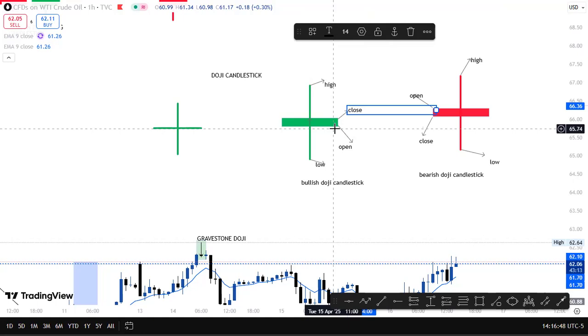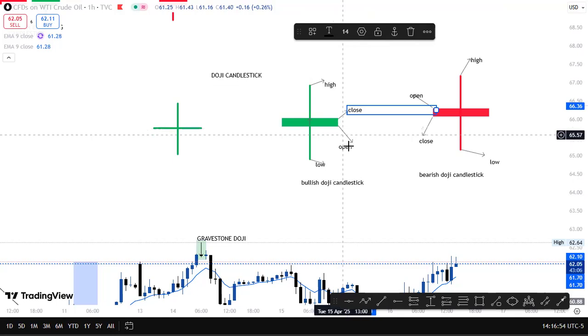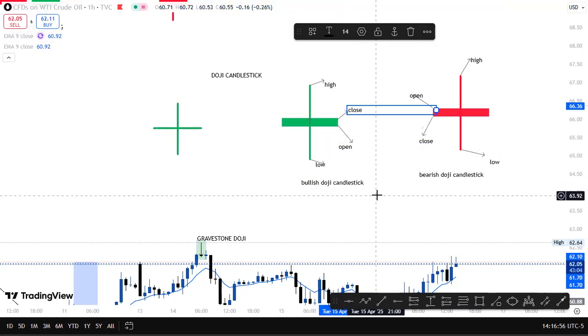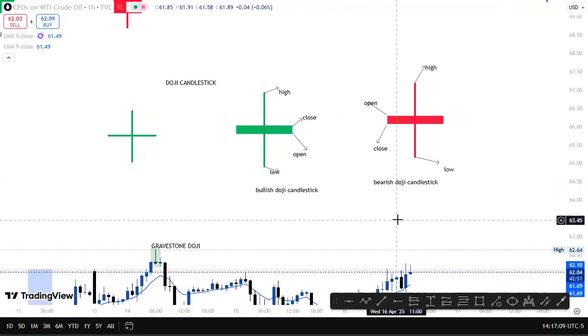So when something like this happens, you should always make sure that you see it clearly, because it can also mean a reversal in the market. So you might see a doji candlestick form and you think, okay, maybe it will continue to go in that same direction. No, it can also possibly mean a reversal might happen, right? So that's an example of a bullish doji candlestick.